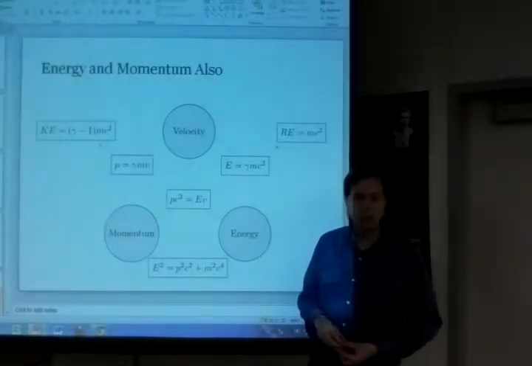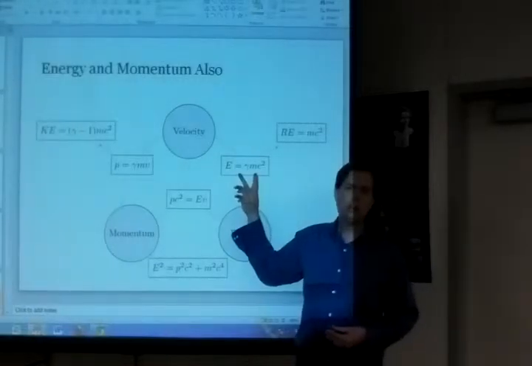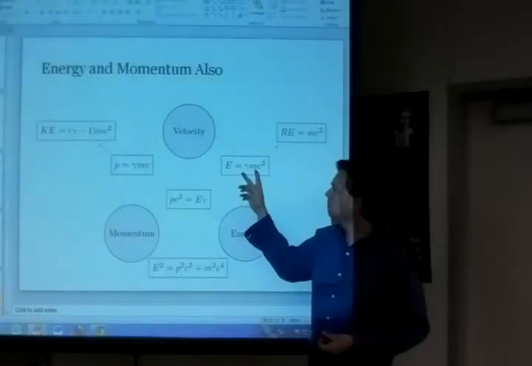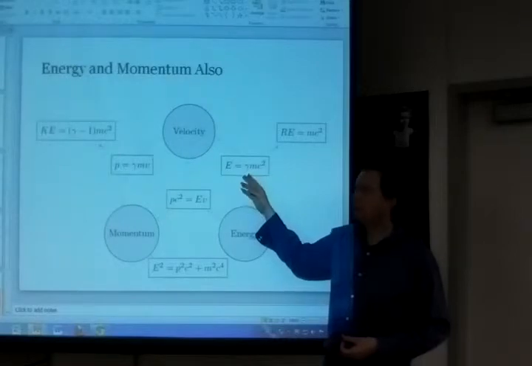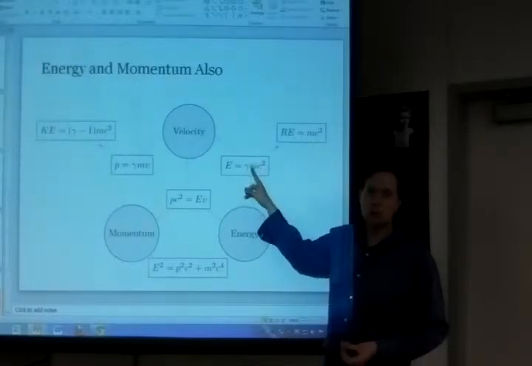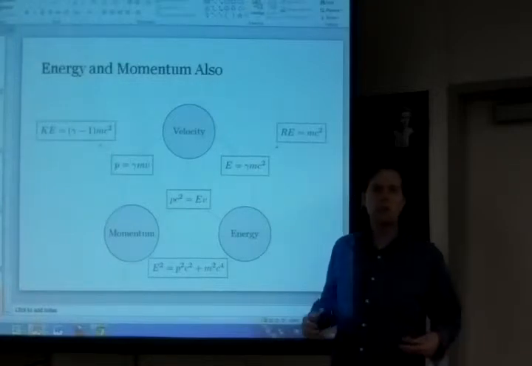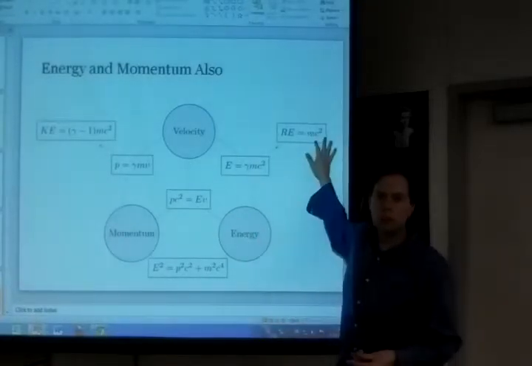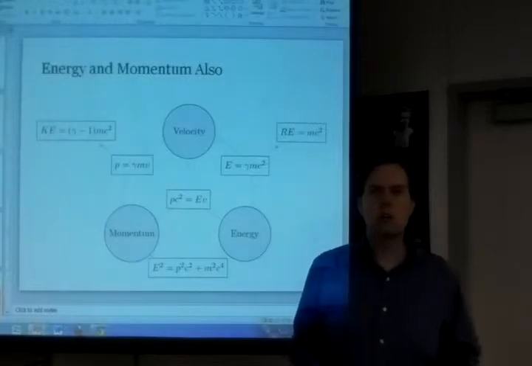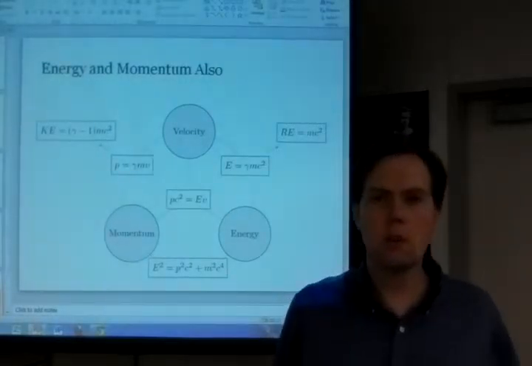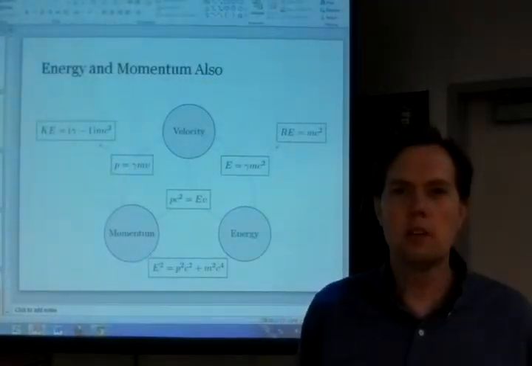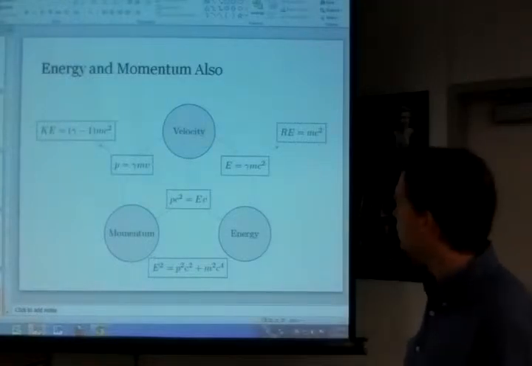As a simple consequence of this redefined energy, when we're at rest, gamma goes to 1, and there's still a net energy associated with a particle, even if it's not moving at all. That's called the rest energy. Rest energy equals mc squared. This is the famous formula, E equals mc squared. It's a consequence of all this.